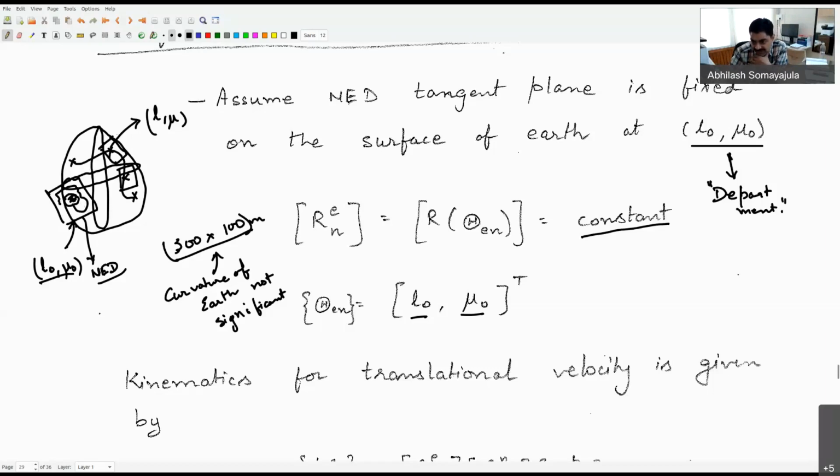So you can think of it like this. Let's say the Earth's curvature looks like this, and I have a tangent plane here. If I am within this region, then I can assume that whether the point is here or here is very close by.